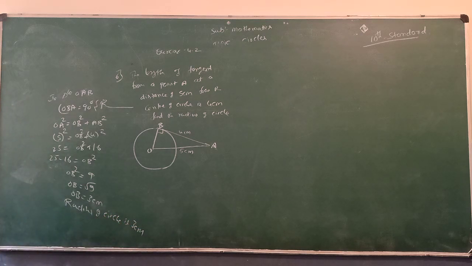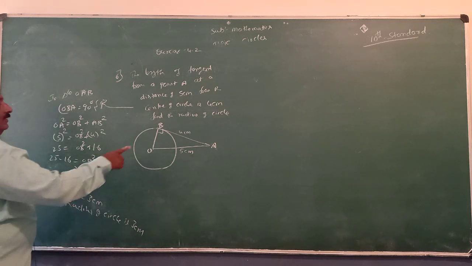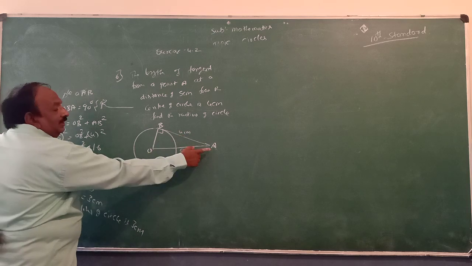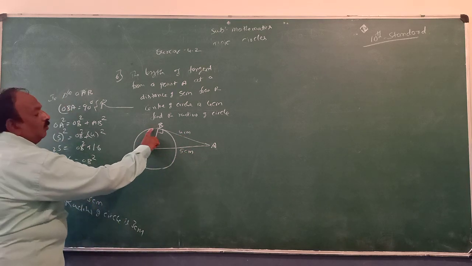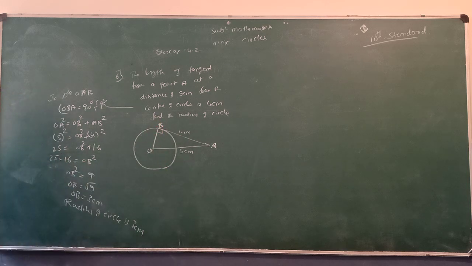The length of the tangent from a point A at a distance of 5 centimeter from the center of the circle is 4 centimeter. Find the radius of the circle. The length of the tangent is 4. From the center, distance is 5. It is a right-angled triangle because it is 90 degree, OB is the radius and AB is the tangent.